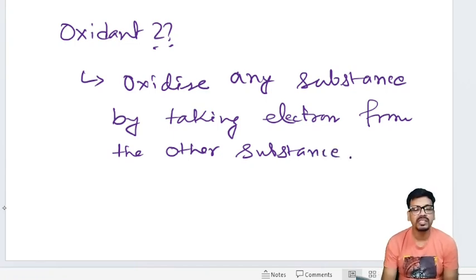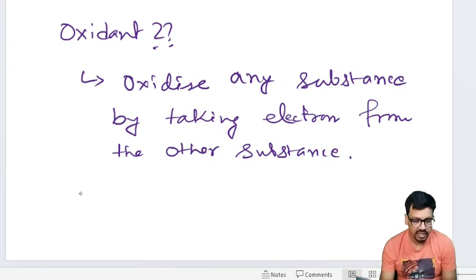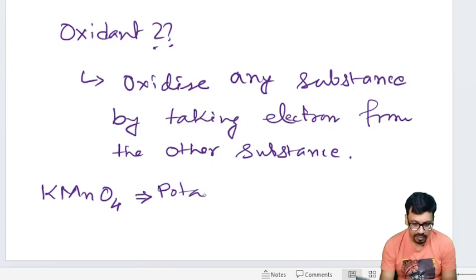So what is an example of an oxidant? A very important and useful oxidant for daily titration or in your practical class is KMnO4, potassium permanganate.